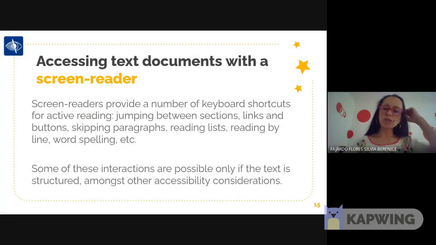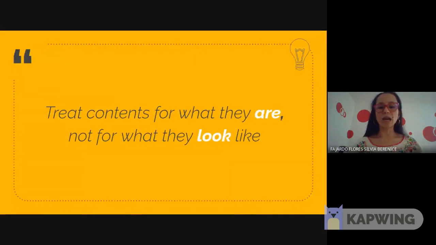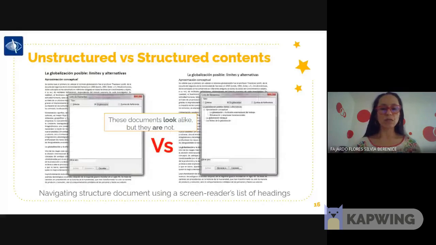The principle to do this kind of navigation is to treat contents for what they are and not for what they look like. In this example, I'm showing you two documents. In the background, you will notice that it looks the same, it's the same document, the same contents. But in the front, we have two small windows.